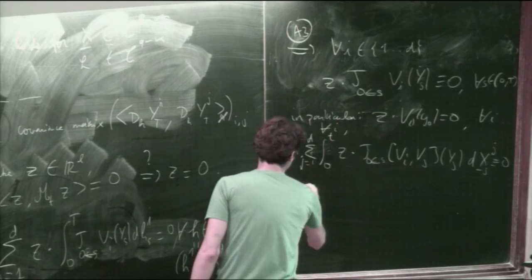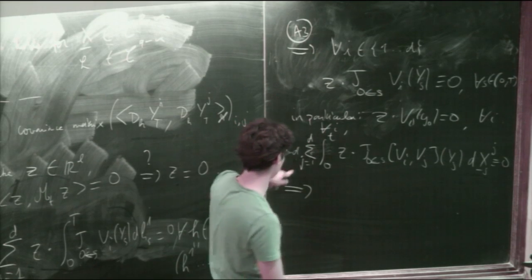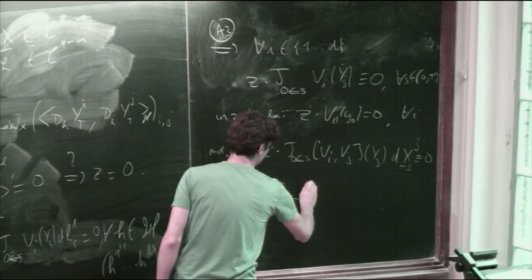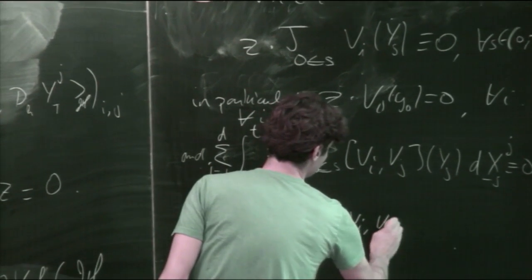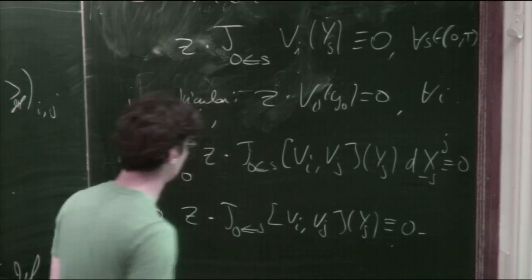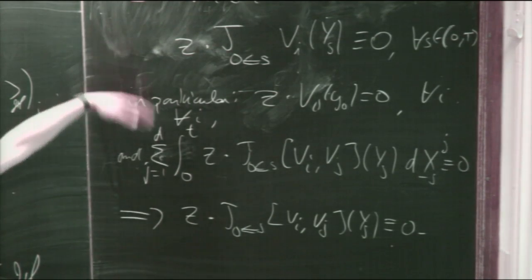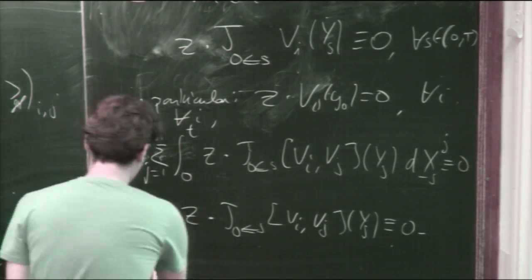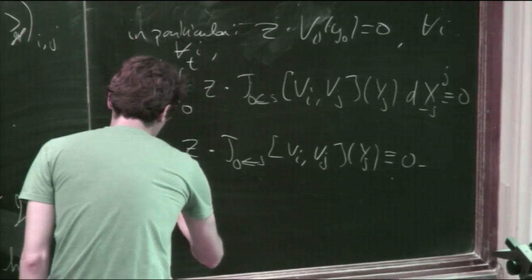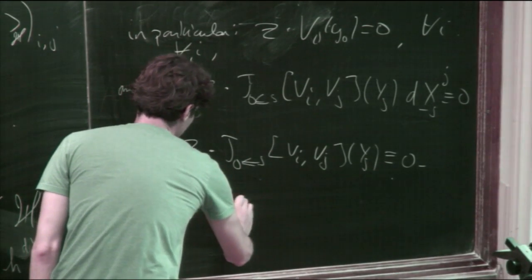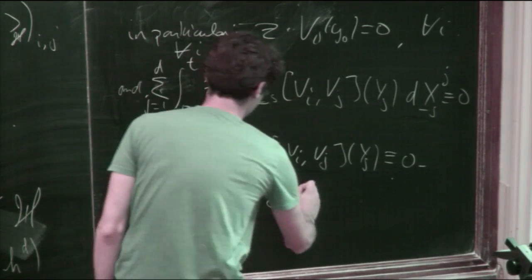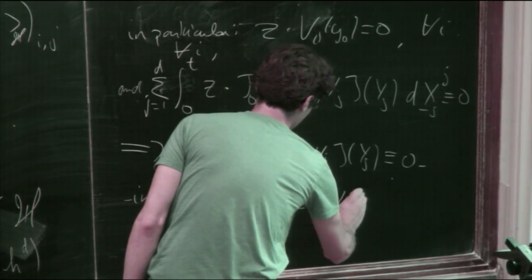So that means that for all i and for all j, Z scalar J_{0,S} of [V_i, V_j] of Y_S is equal to 0. Again, then basically you're finished, right? You just do the same thing. In particular, if you take at time 0, Z is orthogonal to all the first brackets [V_i, V_j].